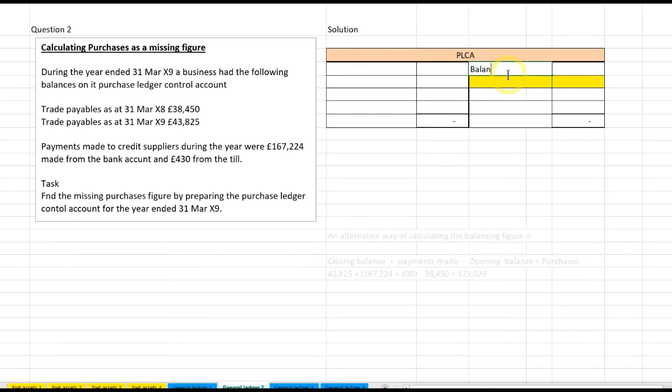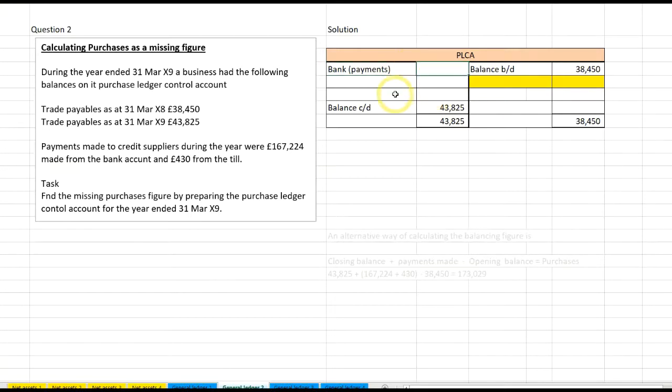So my balance brought down from the previous year is going to be 3850. And then my closing balance for this year, my balance carried down, will be 43825. And then I have 2 payments made, so I'm just going to put bank payments.